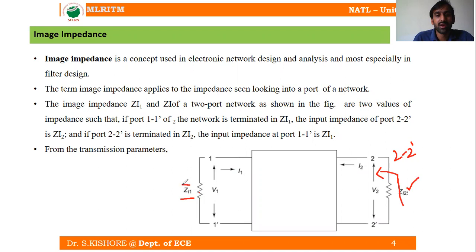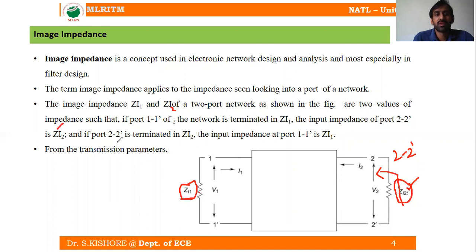So this ZI1 and ZI2 are the impedances known as the image impedances. These are nothing but the image impedances, ZI1 and ZI2, of a two-port network, where if port 1 dash of the network is terminated in ZI1, then the input impedance at port 2 dash is going to be ZI2.